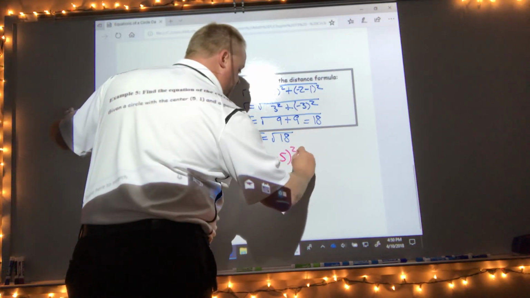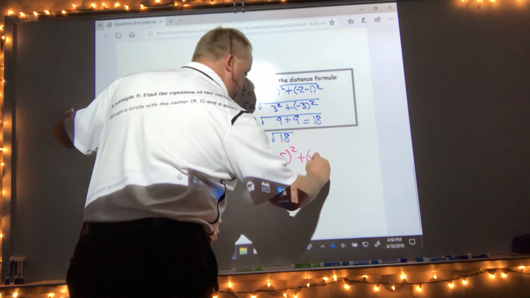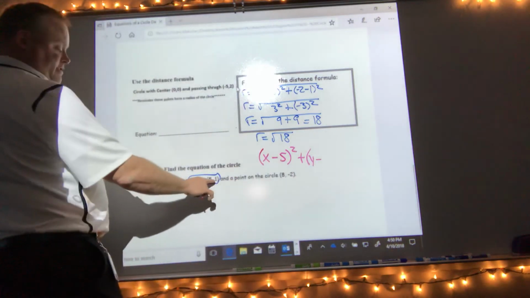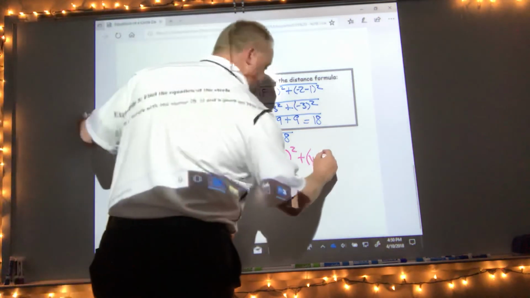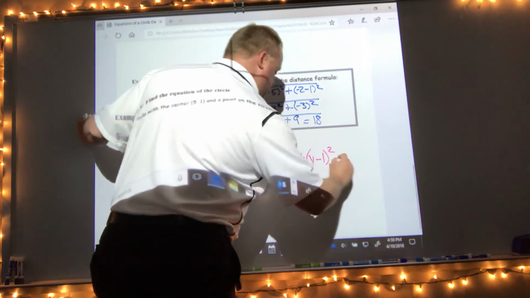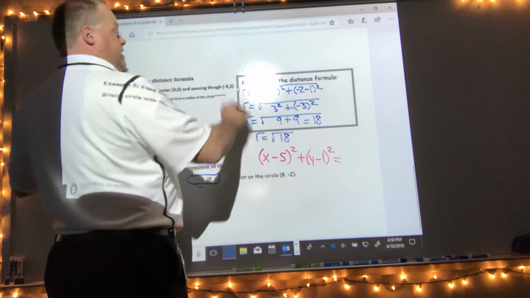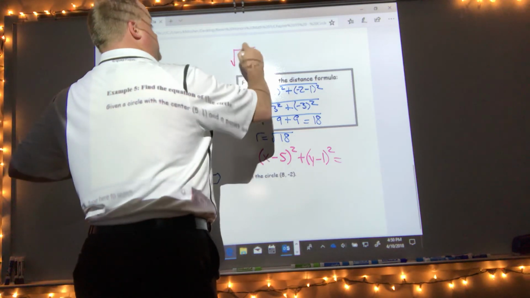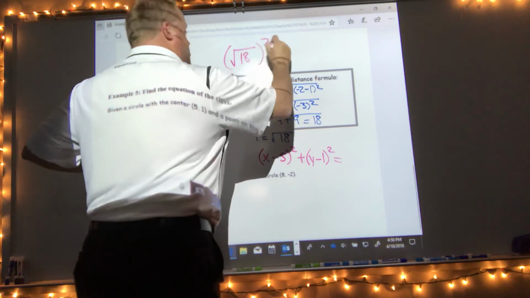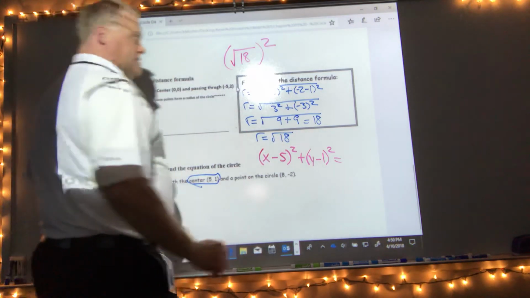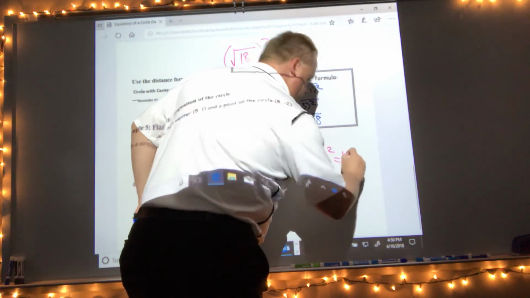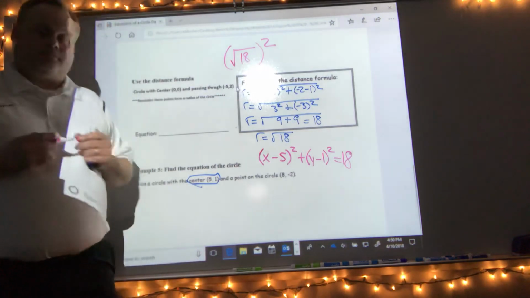So x minus 5 squared. Y minus, the center is at 1. So minus 1 squared equals, my radius was the square root of 18. So take the square root of 18 and square it, and that's going to give you the value of 18.